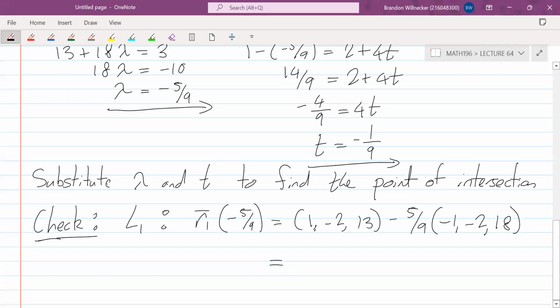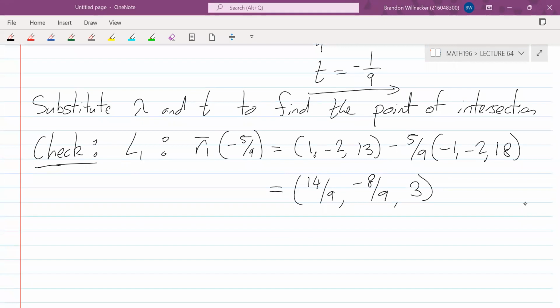Okay, so we can simplify this down to 14/9. The y value will be -8/9. And for the z value, we're going to get 3. So that's for line 1.